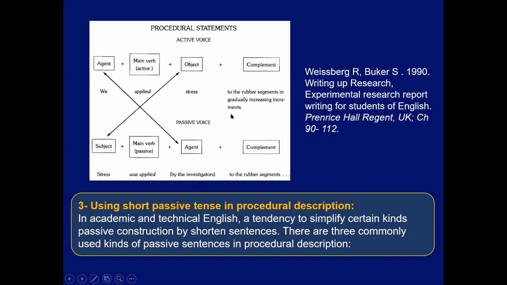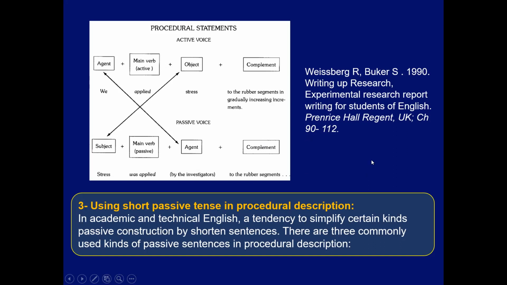In academic and technical English, there is a tendency to simplify certain kinds of passive construction by shortening sentences. Sometimes, even in the passive voice, when you have a very long sentence, you could shorten or summarize it according to academic English style. There are three commonly used kinds of passive sentences in procedural descriptions.